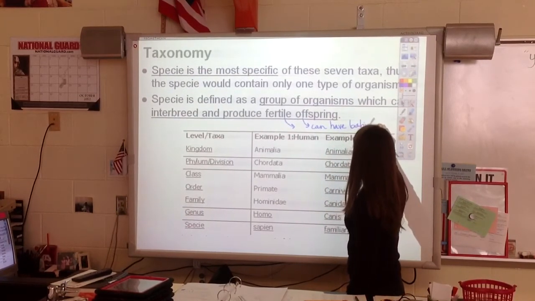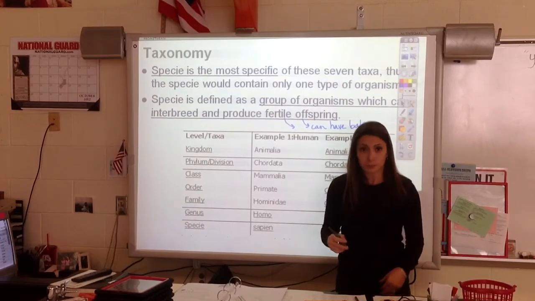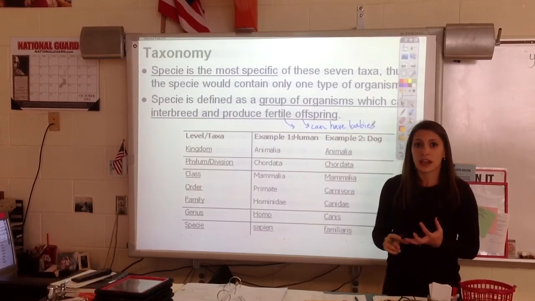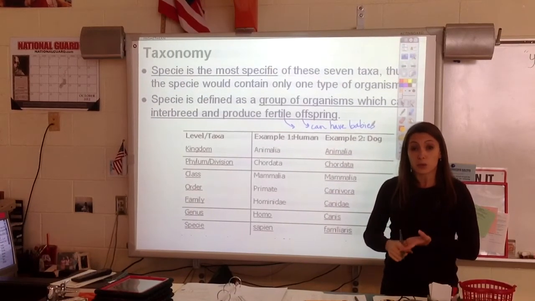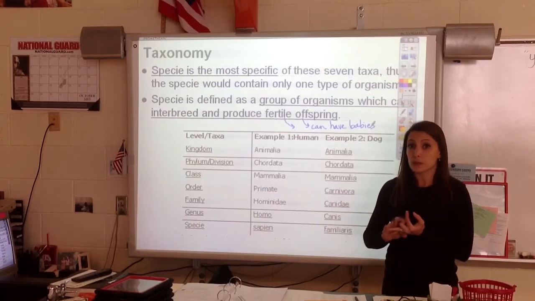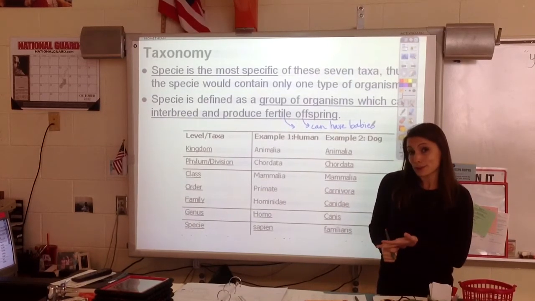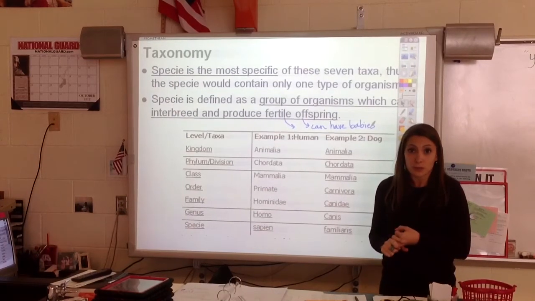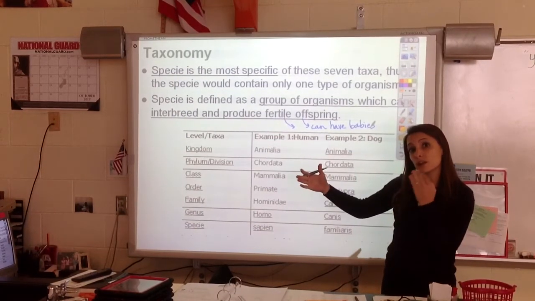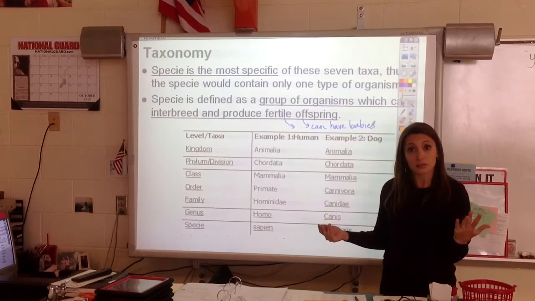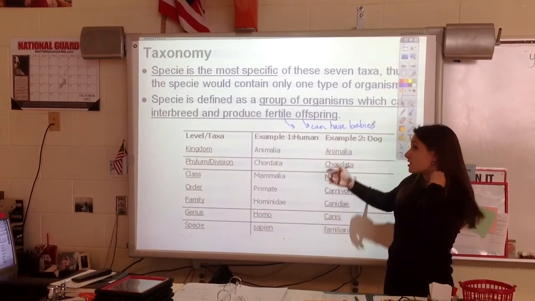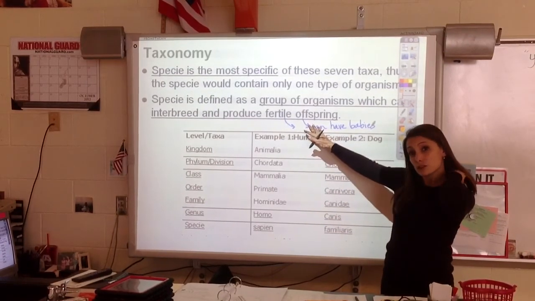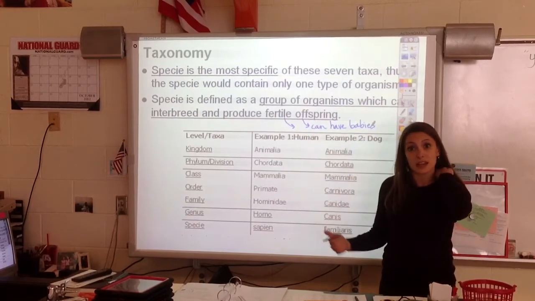So one example is with the horse and the donkey and the mule. The horse can mate with other horses and produce horse. The mule can mate with other mules and produce mules. But if a horse and a mule mate, they'll produce a donkey. It's a living organism, but the donkey is infertile. It can't produce any babies.